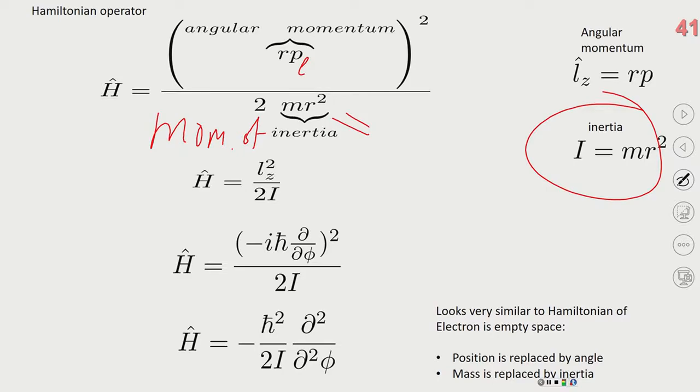So if we compare with the smart shape of the Hamiltonian for free space that Alex was dictating, and I refused to accept, we will see the same functional form. The only difference is that instead of coordinate it is angle, and instead of mass it is measure of inertia for rotational motion.